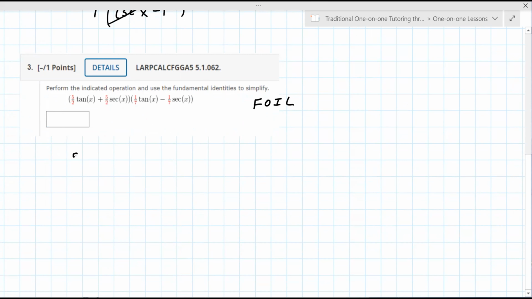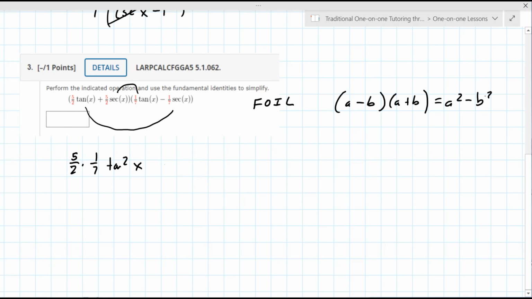So we get 5 halves times 1/7 tangent squared x minus, let's see, the outer and the inner are going to be the same. Hopefully you see it, you're going to have a 5 halves times a 1/7 and a 5 halves times a 1/7. So those are just going to cancel. So I guess this is sort of undoing it. (a minus b)(a plus b) becomes a squared minus b squared. And so it becomes minus 5/2 times 1/7 secant squared x.